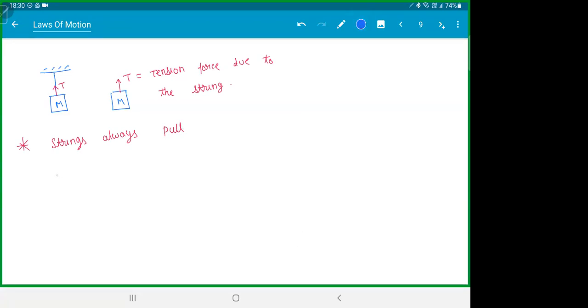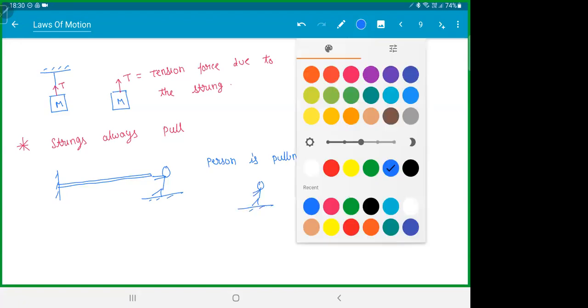Just to give an example, think of it like this. Let's say we have a rope like this, right? And someone is holding this and is pulling it. So if the person is pulling the string, and if you look at this person here, the string pulls him.